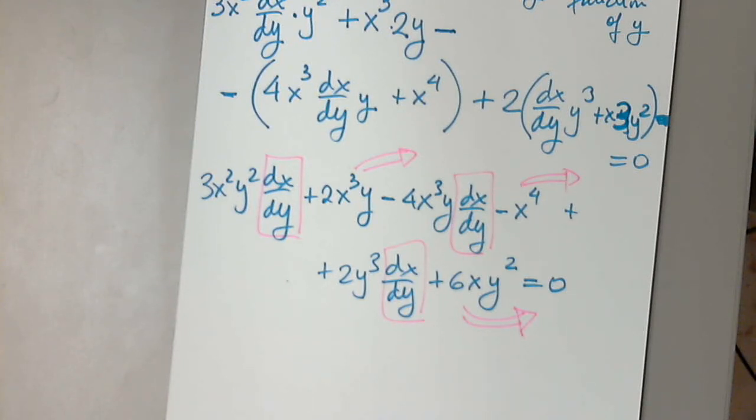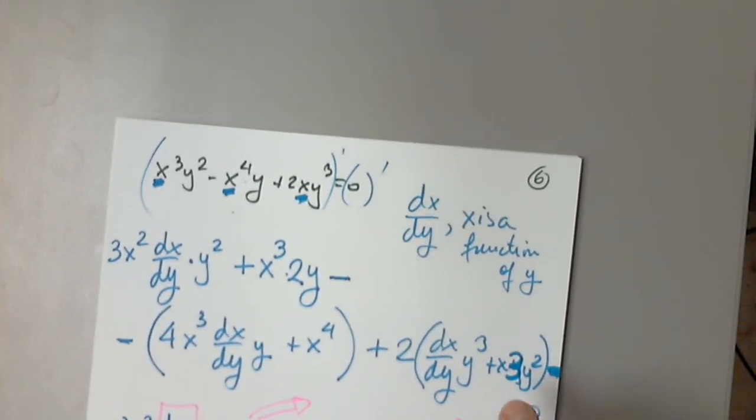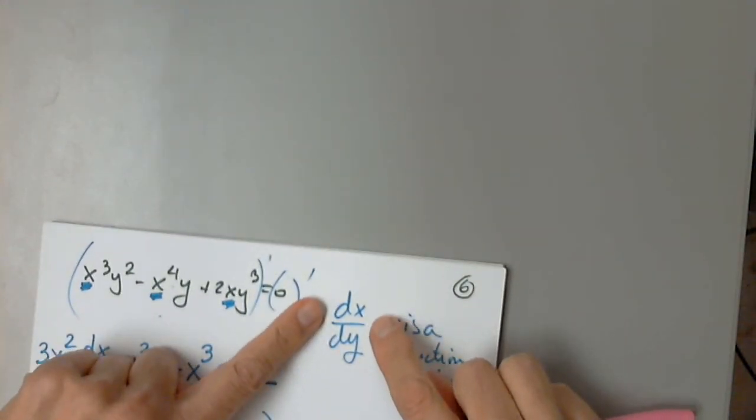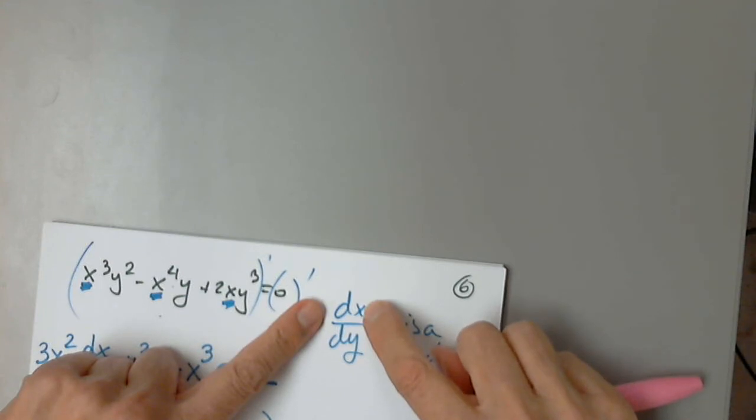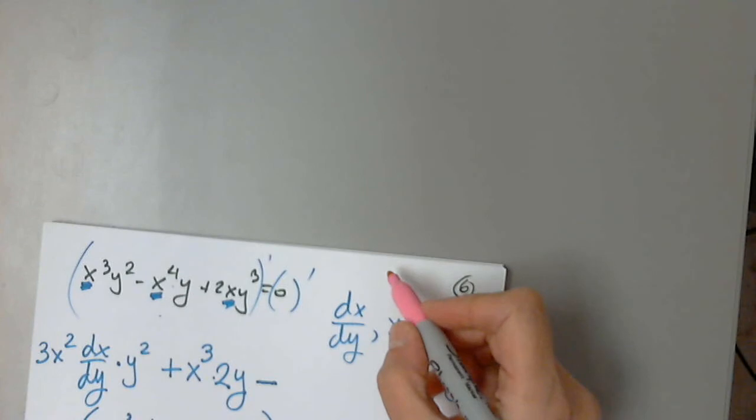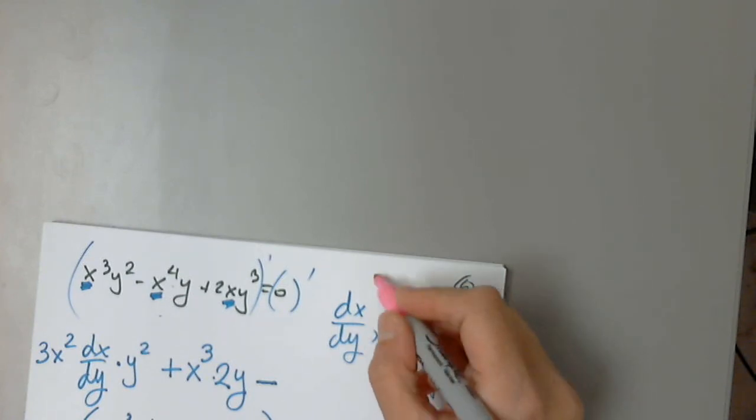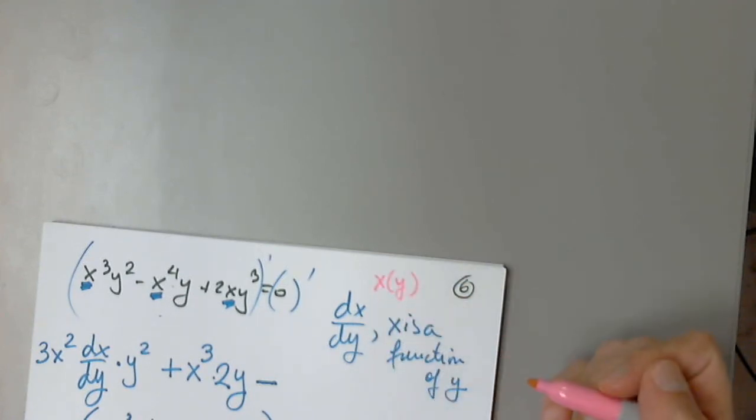I hear what you just said. But as long as Han understood, it's fine. I didn't explain it, so one more time. In this particular problem, we are told x is the function. So there is a function that is x of y.